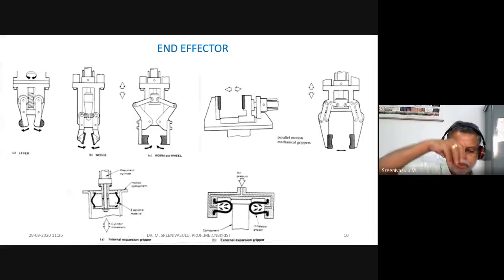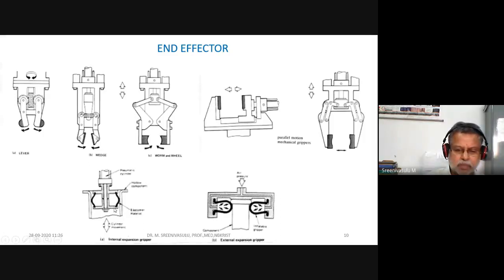When you blow it sufficiently, the pressure you have blown into the balloon will expand and try to hold that particular glass. That is the technique being applied here. This is an internal expansion gripper. This is external. This is the object being held here. That is why this has become internal expansion.